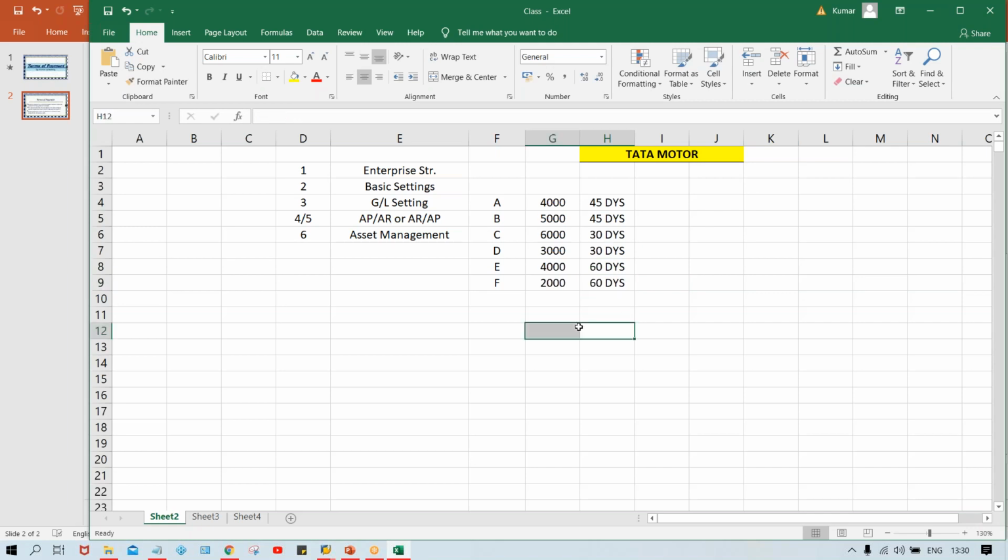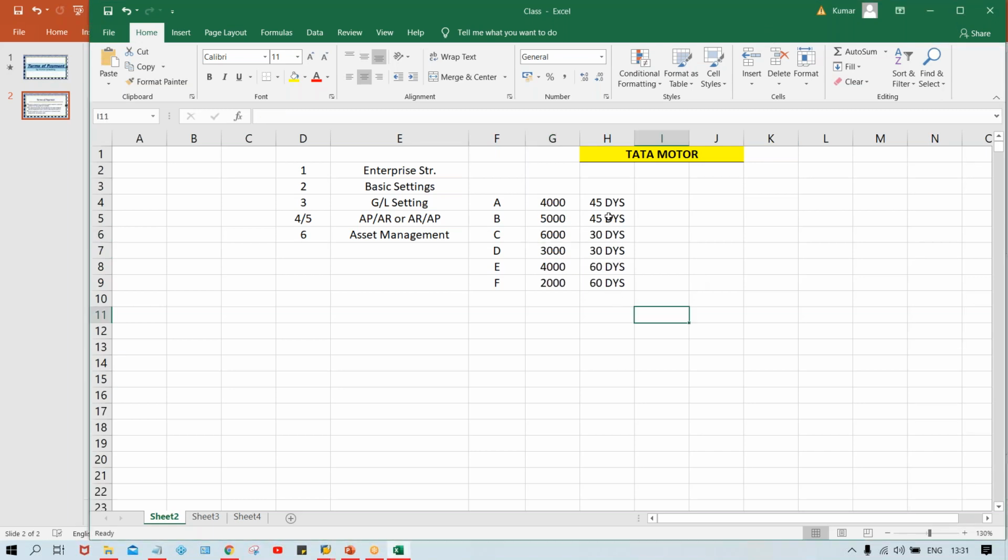Likewise, different vendors, because it's not that a single raw material is purchased, guys. Multiple materials of different nature are purchased, so different payment terms are going to be negotiated with the vendors.